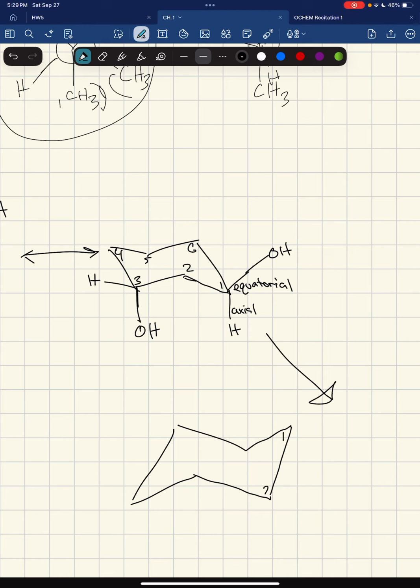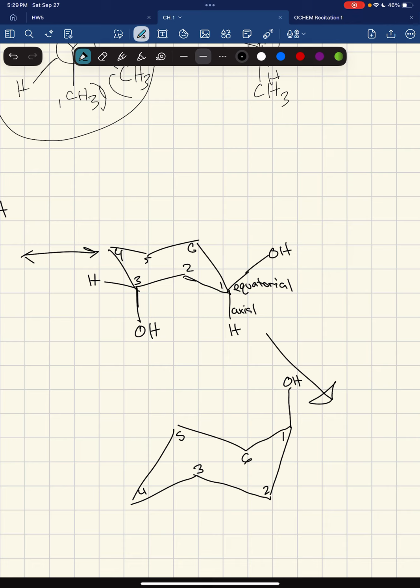So it's 1, 2, 3, 4, 5, 6. So with the ring flip, what I like to think is everything that was up is still up. Everything that was down is still down. But everything that was equatorial switches to axial. Everything that was axial switches to equatorial. So this was equatorial. With the ring flip, it's going to switch to the axial position. It's still facing up, if you can tell.